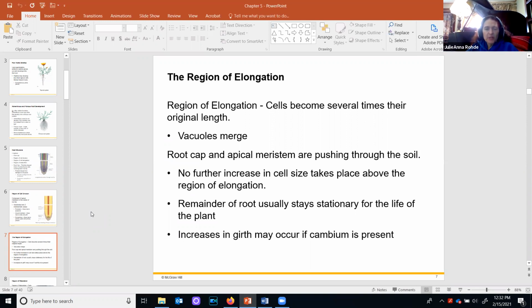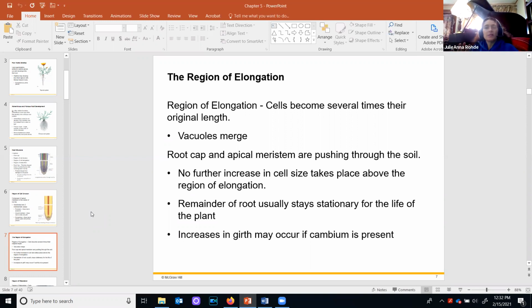I've mentioned before that the root cap is going to push through the soil, and when you get above that region of elongation, you don't have any further increase in size. So that portion of the root is going to stay stationary in the soil at that point. It's only the root tip that's actually getting pushed through, and the cells right behind it that are making new roots.